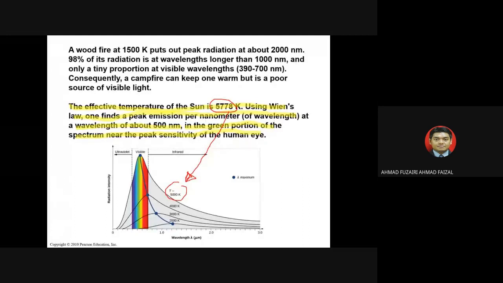So using Wien's displacement law, you find the peak is around 500 nanometer, somewhere around here, and this 500 nanometer is in the green portion of the spectrum, so it's somewhere near to the green color here.